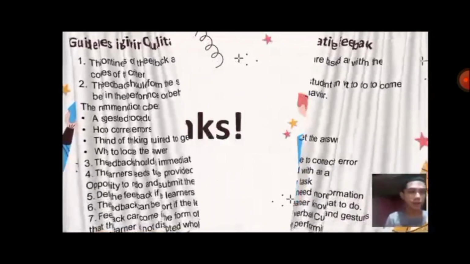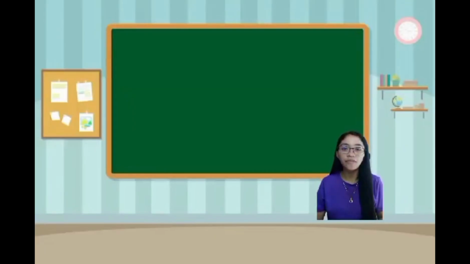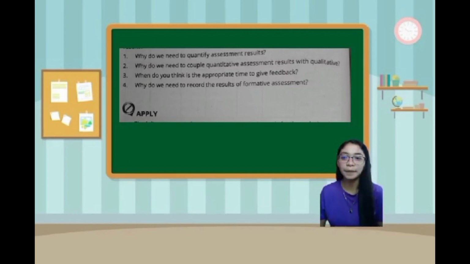That's my part. So, to check the ideas you have acquired about organizing assessment results, these questions must be answered. First question: why do we need to qualify assessment results? Second, why do we need to couple quantitative assessment results with qualitative?